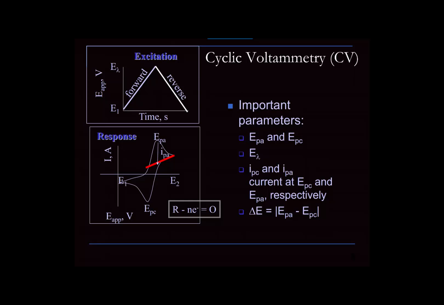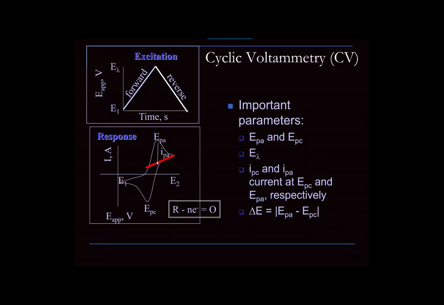On the response, the top portion of the curve going from E1 to E2 has a peak that's labeled EPA. That's the current that flows under the American convention in response to increasing the potential between those two limits, if the redox potential for your material falls somewhere in between.